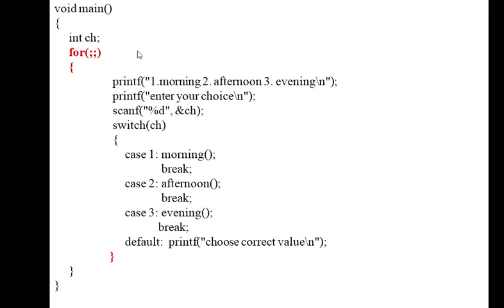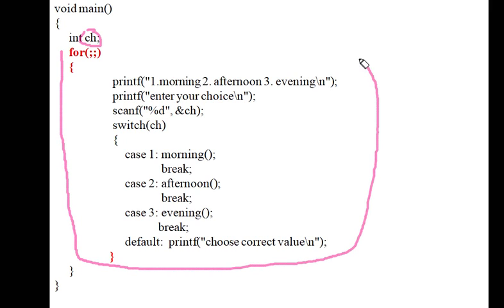In the main function we require one variable, that is ch. Choice is a variable. Which type of variable? Integer variable. So here is the for loop. This for loop will execute again and again. There is no termination condition for this for loop.